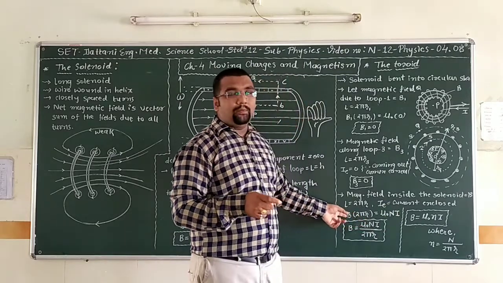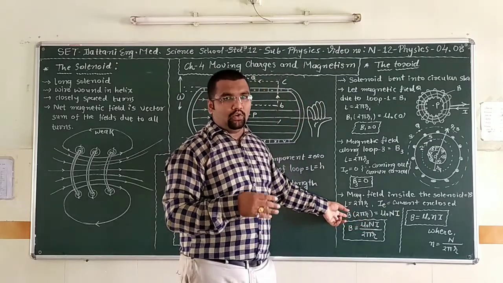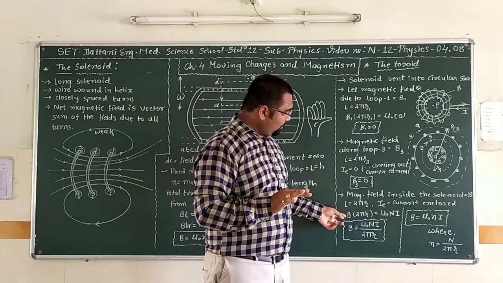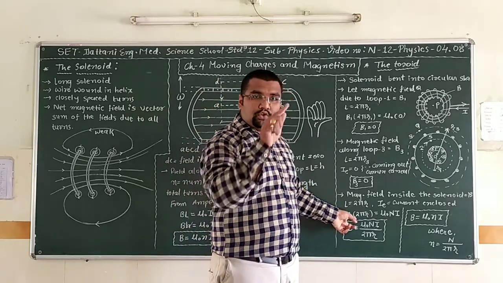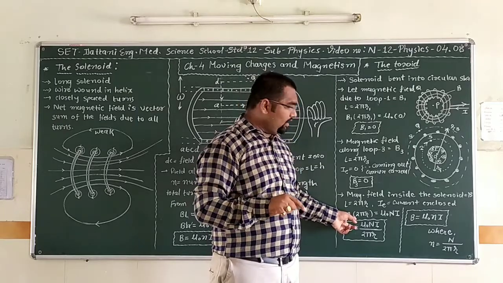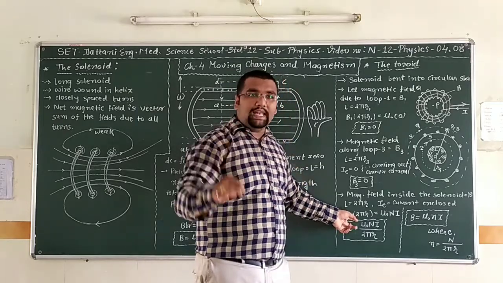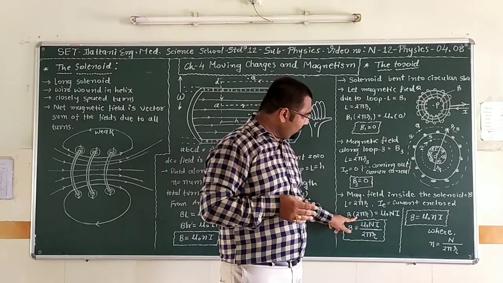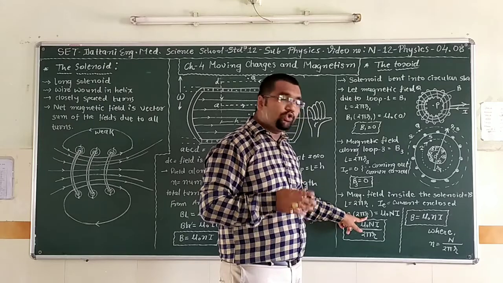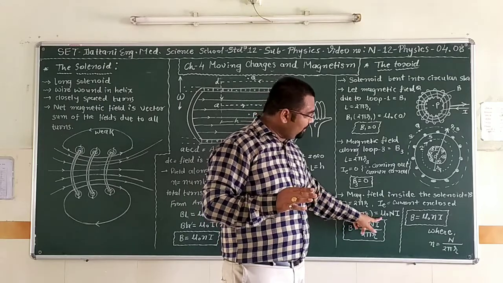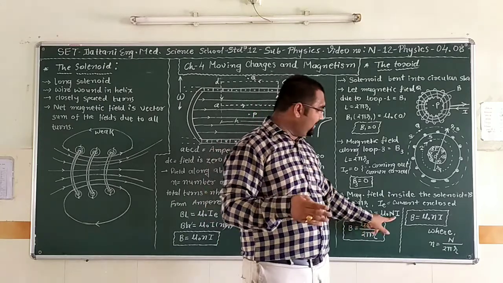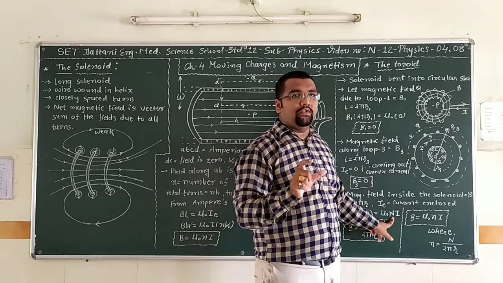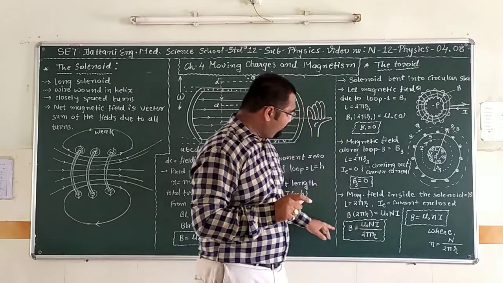If we apply Ampere's circuital law, closed integral B dot dl equals mu 0 I. The closed integral of dl means the total length of the loop, which is its circumference, 2 pi R, equal to mu 0 and the total current, which is N into I, where N is the total number of turns of that loop.